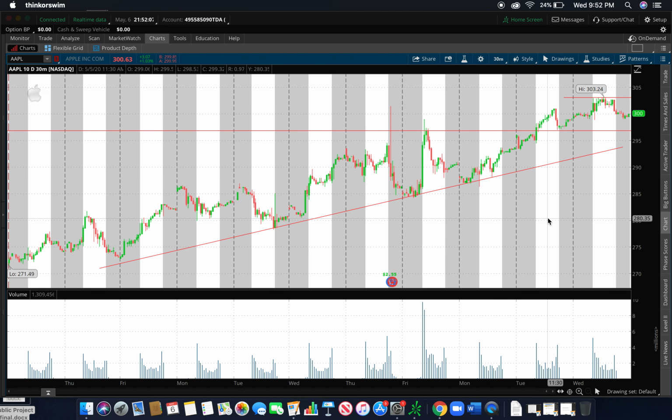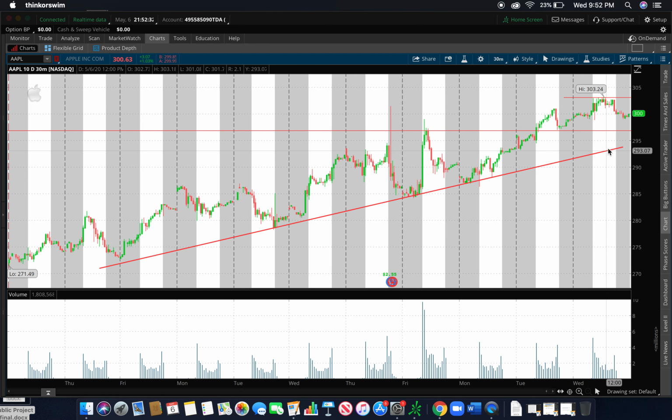However, I do think, especially because SPY right now is down, I want to say around 284 at the time that I'm recording this video, that Apple's going to break through this support of 297 and possibly retest this trend line. And right here is going to be the big decisive movement.